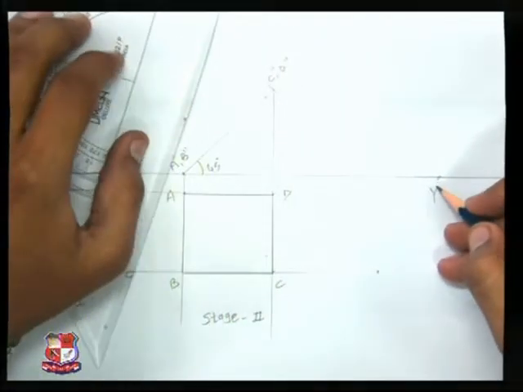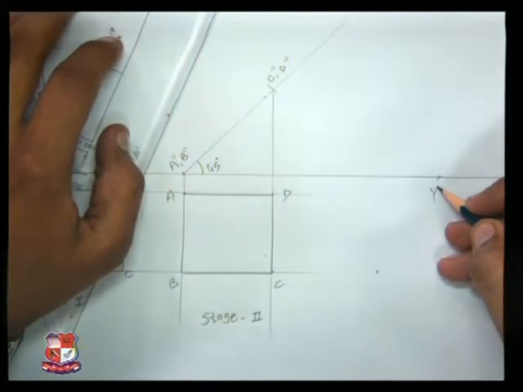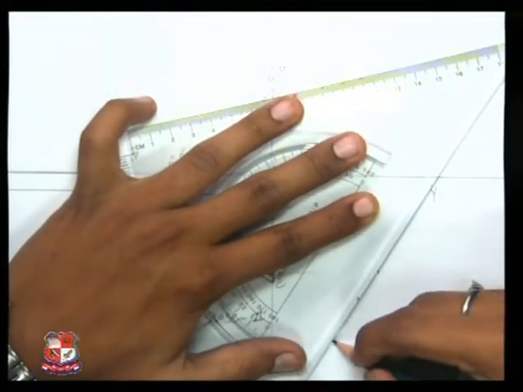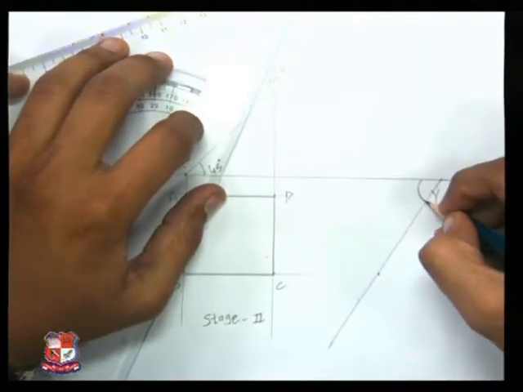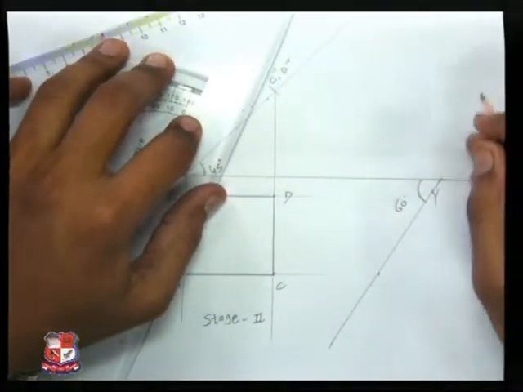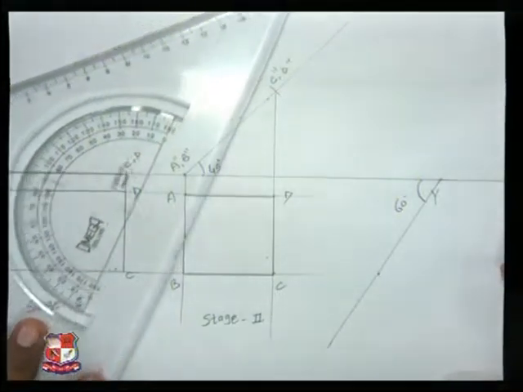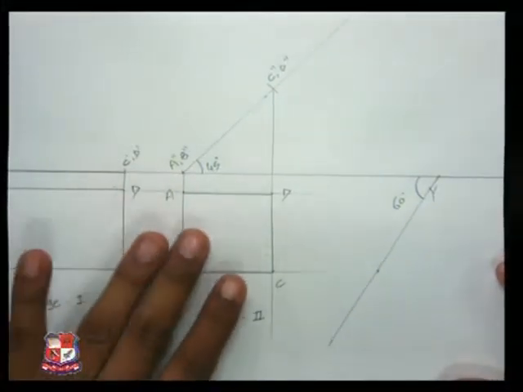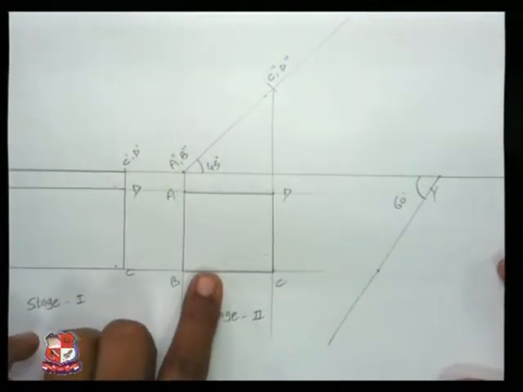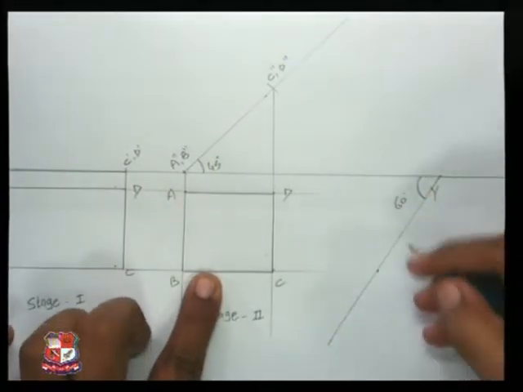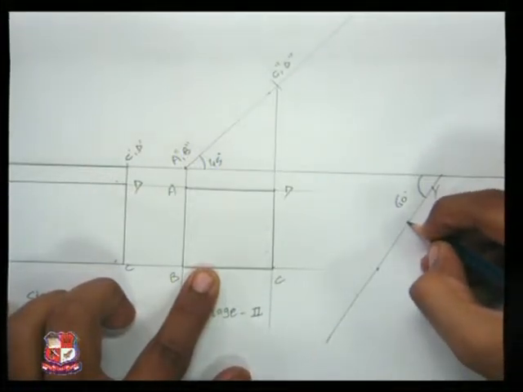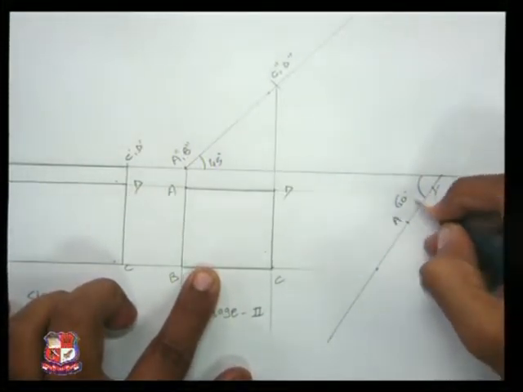Mark any point at random location and take a reference line of 60 degrees on it. Now we need to take out the stage 2 replica over here. So I am marking out point A randomly.